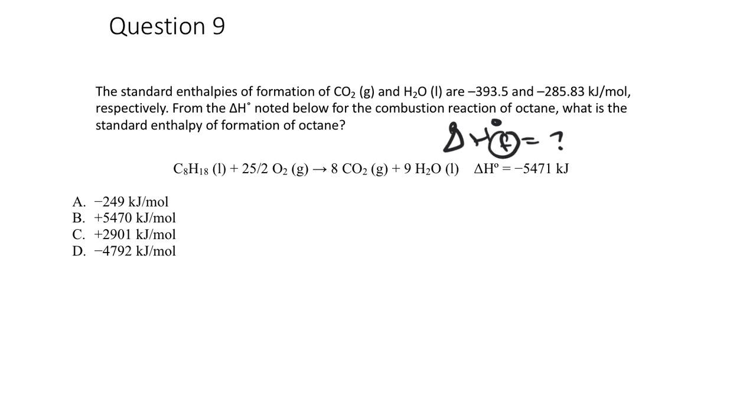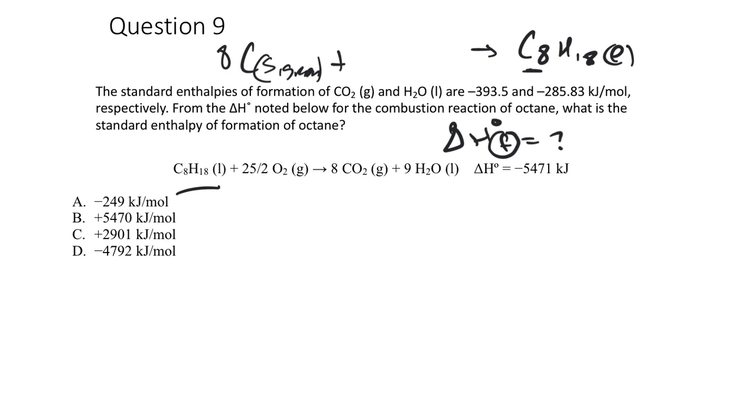If we take a step back and think, what is a formation enthalpy? A formation enthalpy would be forming a compound, 1 mole of it, in whatever physical state it's going to exist in or we're considering, from its elements. So carbon's natural state is solid graphite. That's its most stable form. And then hydrogen's most stable form is H2 gas.